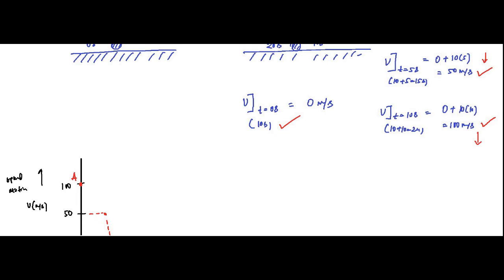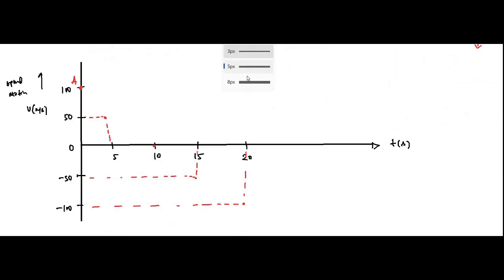So the velocity and time plot will be somewhat like this, joining these points. The axis which I have drawn, I have not drawn it perfectly, so it will come somewhere around here.